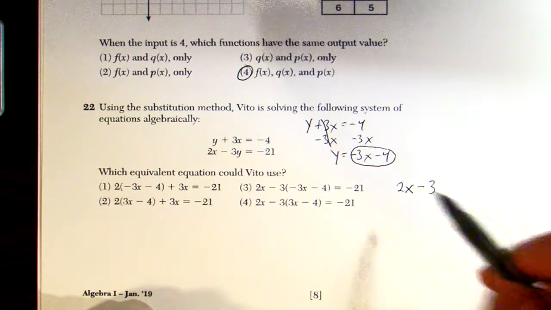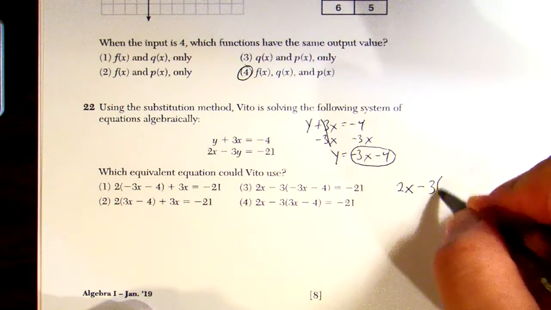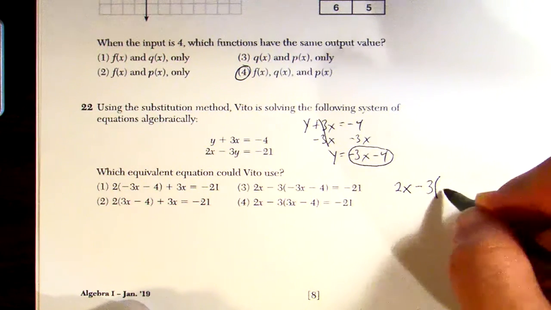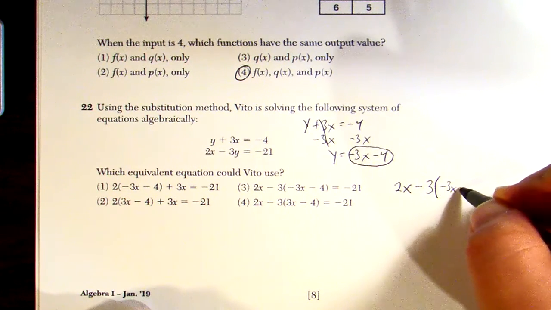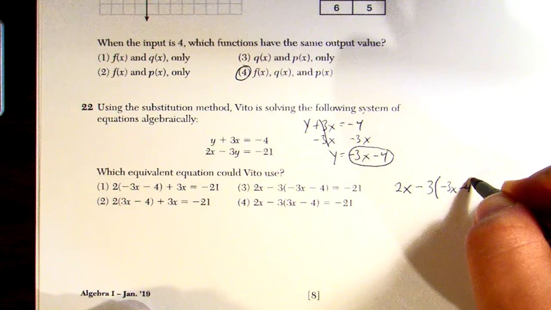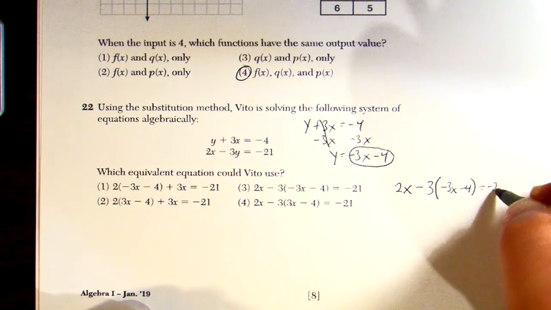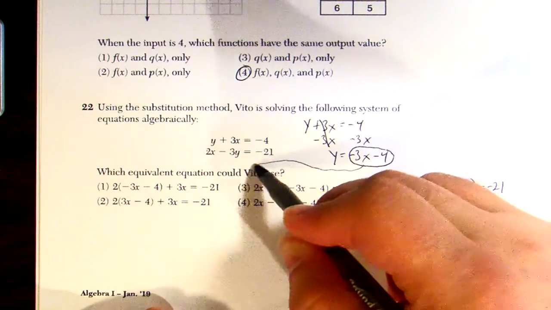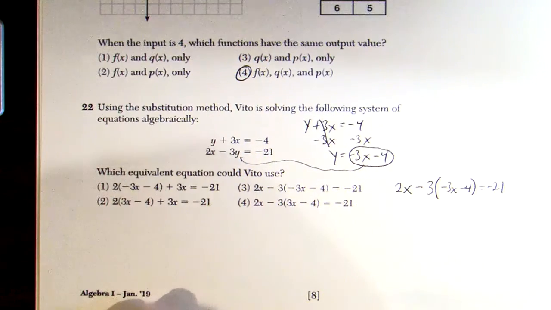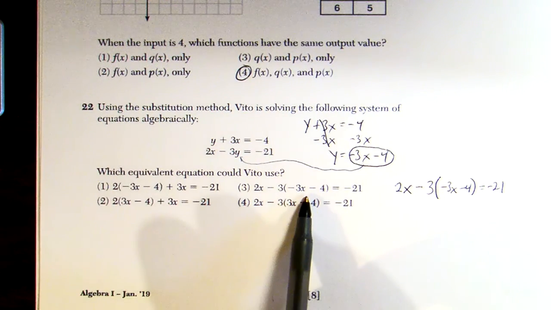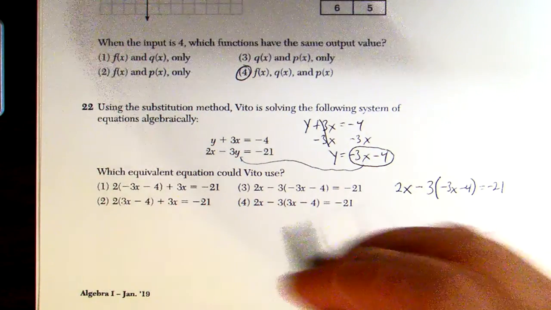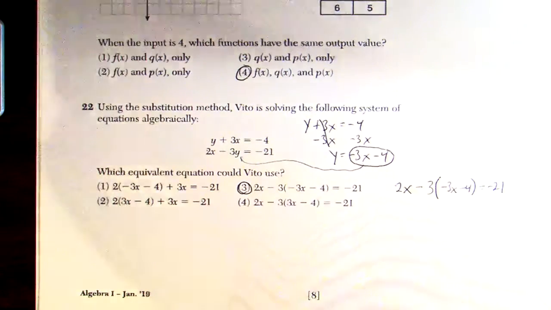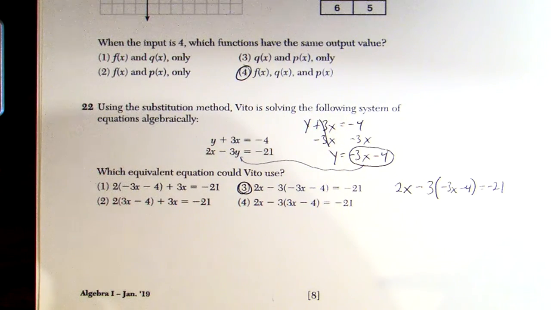So I'm going to plug in all this into my y, which means I need a parenthesis, negative 3x minus 4 equals negative 21. So all I'm doing is taking this and plugging it in right there. And which one shows that? It looks like it's going to be choice number 3. Okay, moving on.